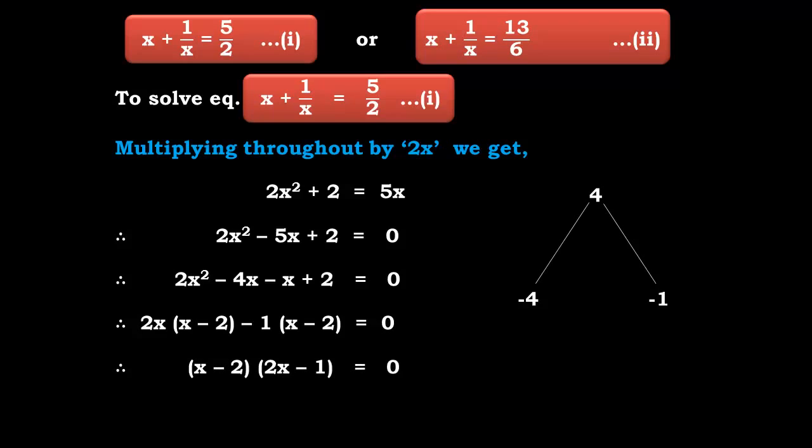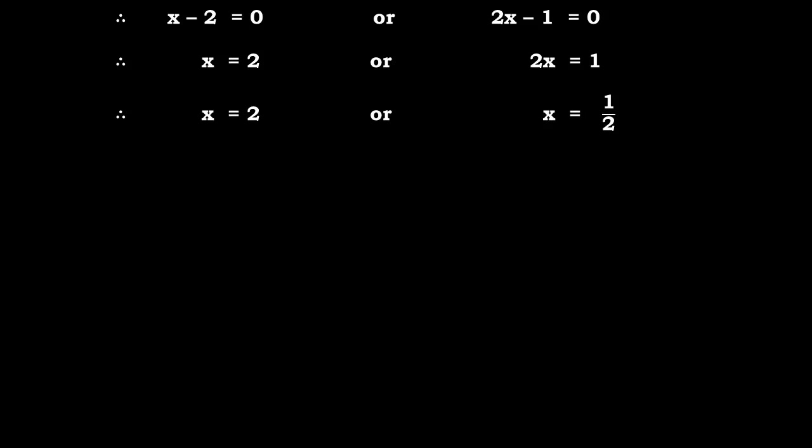So x minus 2 into 2x minus 1 is equal to 0. Therefore x minus 2 is equal to 0 or 2x minus 1 is equal to 0. Therefore x is equal to 2 or x is equal to 1 upon 2.